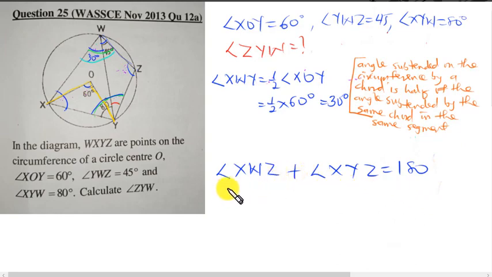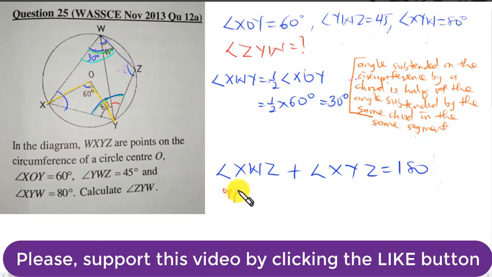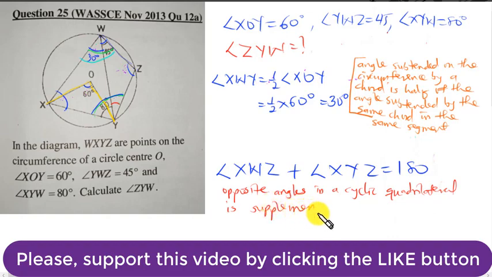It is so because opposite angles in a cyclic quadrilateral is supplementary. When you say supplementary, it means that they add up to 180 degrees.